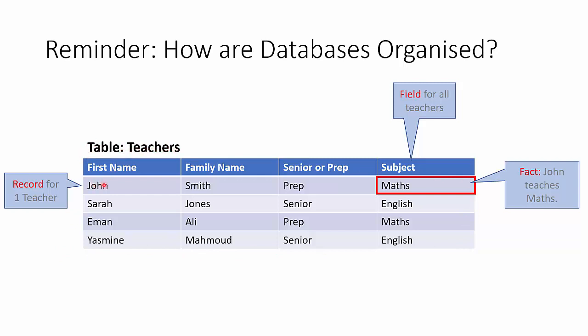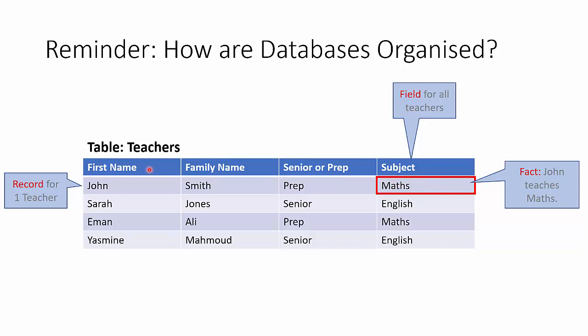Each row of the table is a record for a single teacher. A column relates to a field, which is a piece of information that all teachers will have, and a fact is a field on a record. Okay, so those are just a brief reminder.